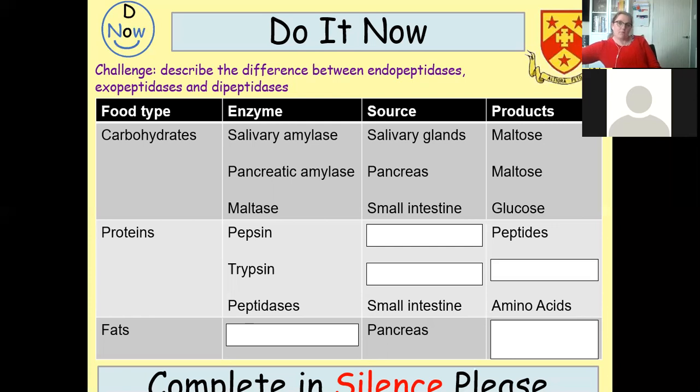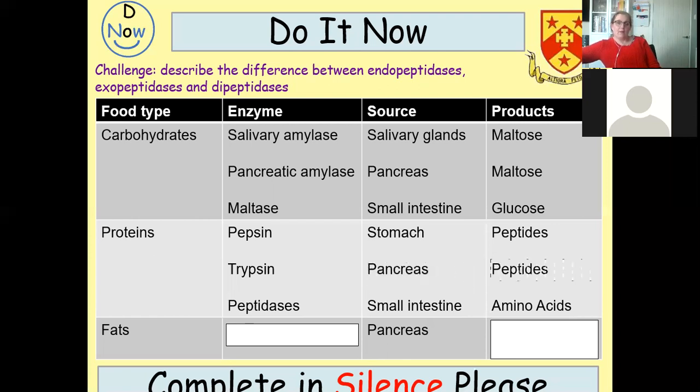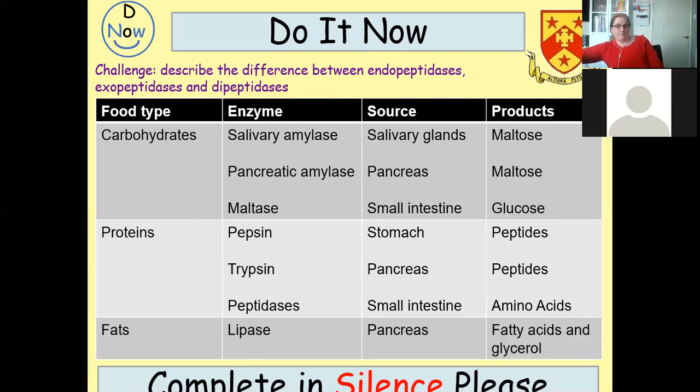Pepsin is found in the stomach and breaks down proteins into peptides. Trypsin is found in the pancreas, and breaks down proteins into peptides. And peptidases are what we have in our small intestine to break down peptides into amino acids. Fats: lipase, produced in the pancreas, makes fatty acids and glycerol.